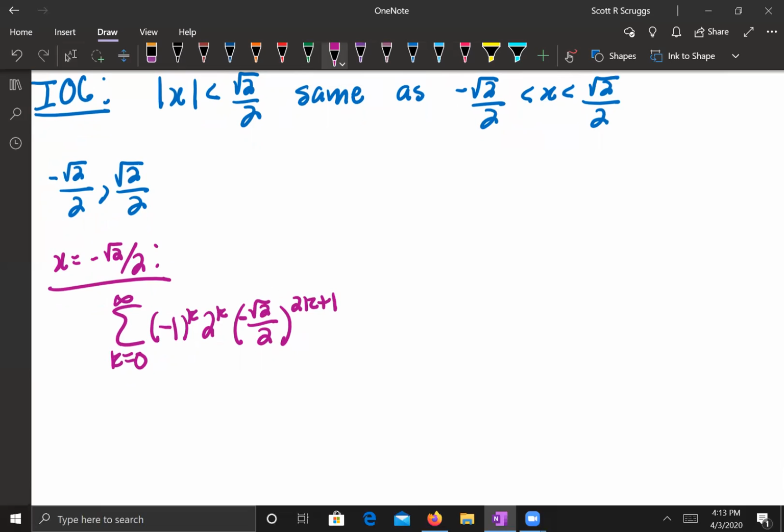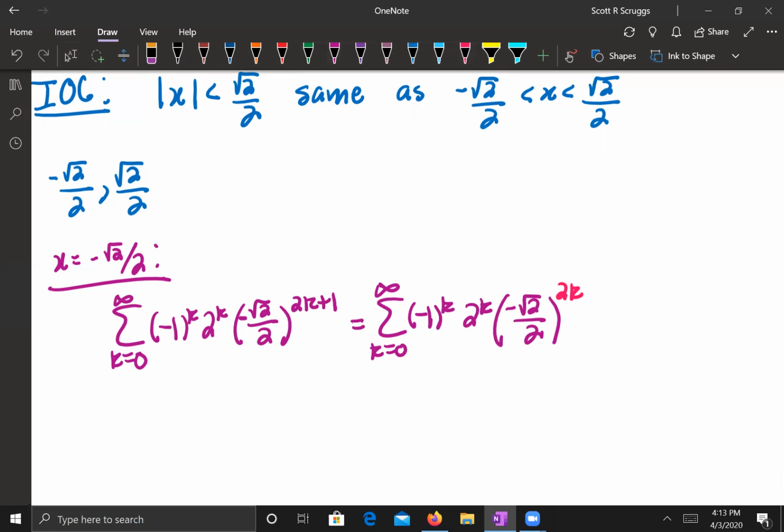All right. So first thing I'm going to do, because it is 2k plus 1, I'm going to go ahead and separate that plus 1 power by rewriting that as 2 to the kth power, and then also having an extra negative root 2 over 2.